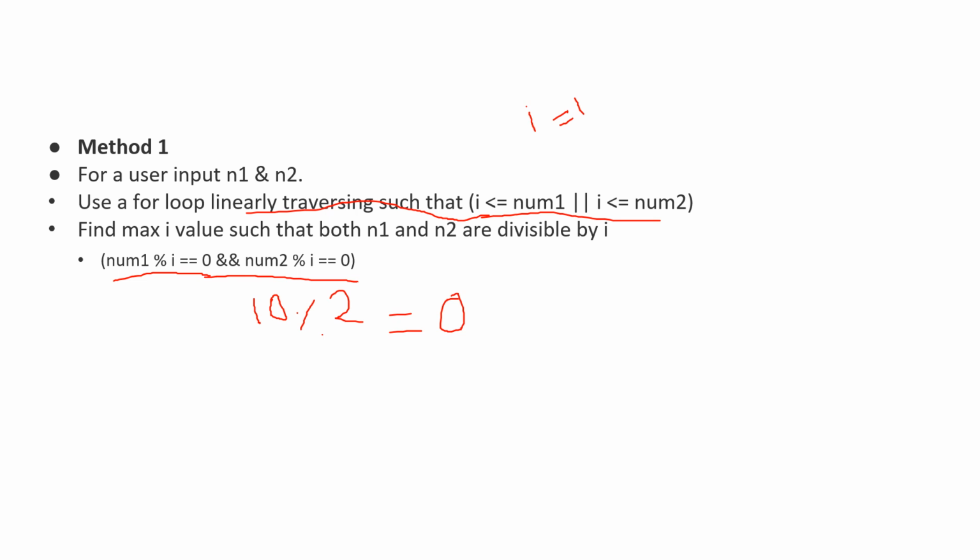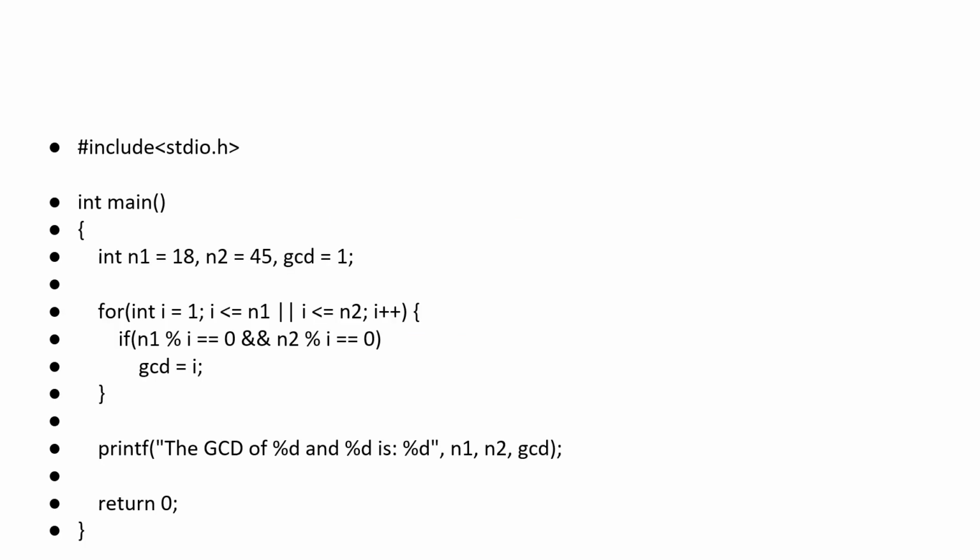I hope you understood the logic of finding the GCD, and now we will see it with the program. In this particular program, you can see we are taking two values, 18 and 45, and finding the GCD. Here we initialize GCD to 1. Why?